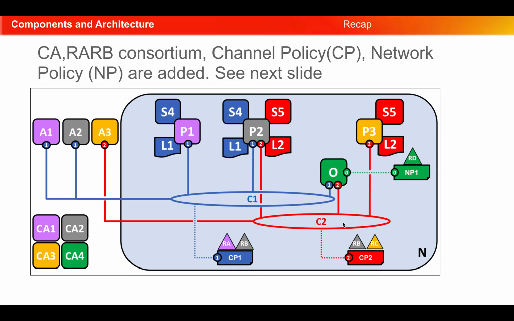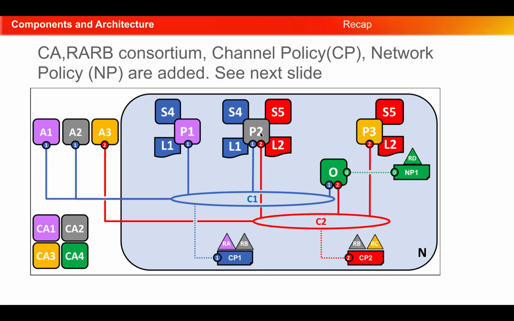As you can see, the smart contracts deployed on channel 1 are smart contract 4 and smart contract 5, on peer 1 and peer 2 respectively. As part of channel 2, on peer 2 and peer 3, we have smart contract 5 deployed on channel C2.